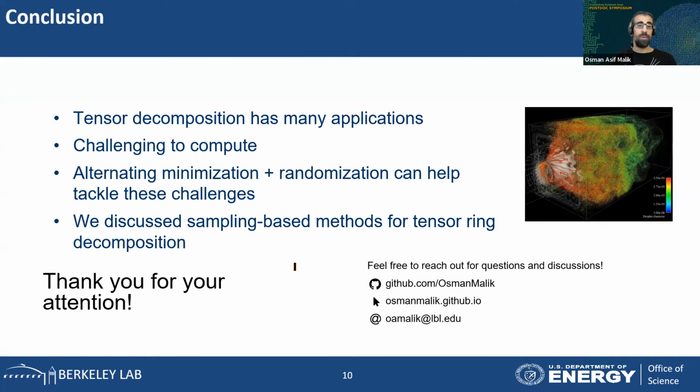And if we use a combination of alternating minimization and randomization, we can tackle both of these problems. So in this talk, I've discussed how we've developed sampling-based methods for tensor ring decomposition, and we've achieved some nice speed-ups by using these techniques while still retaining a good accuracy decomposition.